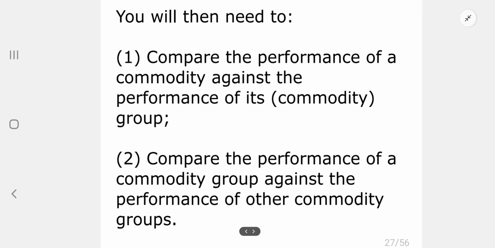You will need to, number 1, compare the performance of a commodity against the performance of its commodity group. And number 2, compare the performance of a commodity group against the performance of other commodity groups.